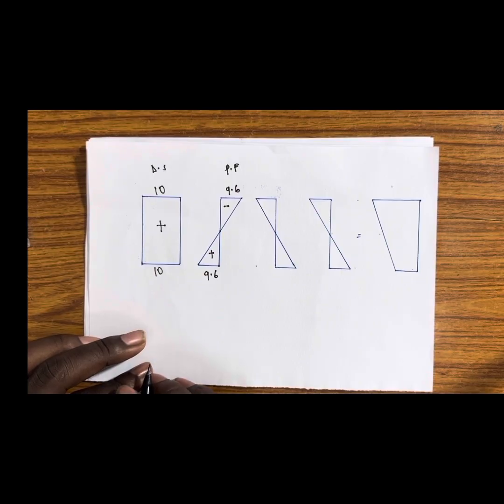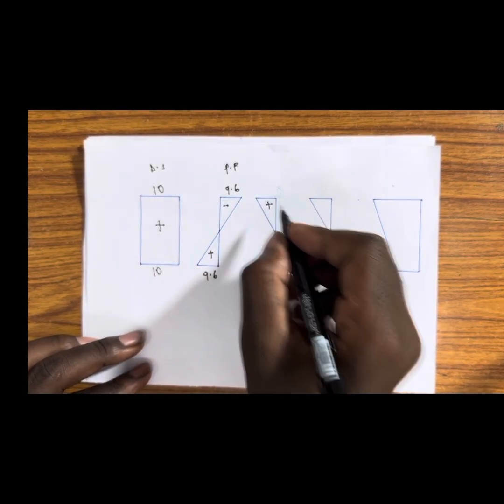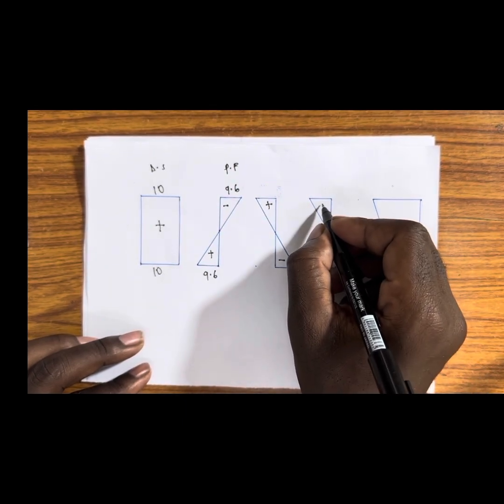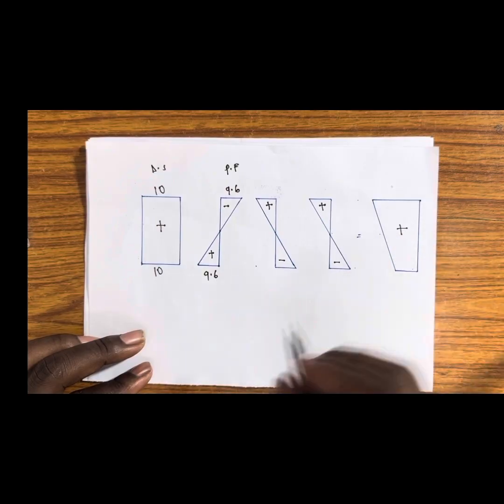Okay, then this one, the sign changes. This is minus and this is plus. This is also minus and this is plus, and the overall resultant here is coming to plus.